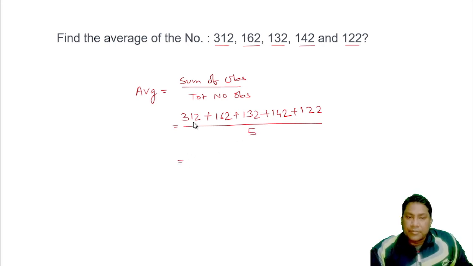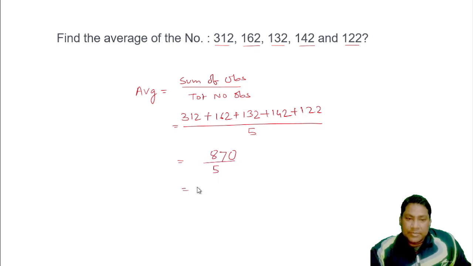Now we will add these numbers. 2 and 2 is 4, 4 and 2 is 6, 6 and 2 is 8, 8 and 2 is 10, 0, remaining 1. 1 and 1 is 2, 2 and 6 is 8, 8 and 3 is 11, 11 and 4 is 15, 15 and 2 is 17, 7, remaining 1. 1 and 3 is 4, 4 and 1 is 5, so the sum is 870. 870 divided by 5.